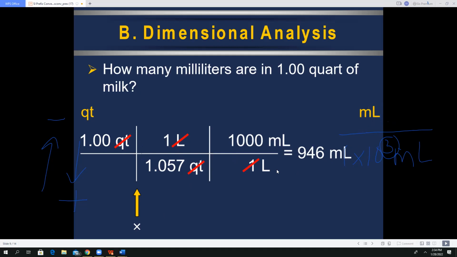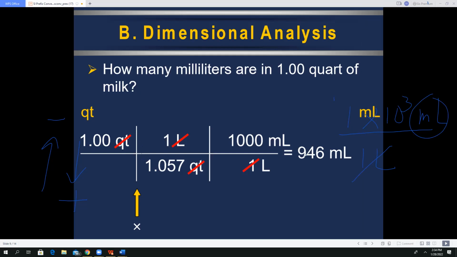So basically what we would do, since we need the liters on the bottom, is flip it. And we would just say 1 liter is equal to 1 times 10 to the third milliliters, because we needed milliliters on top. And see, that would still cancel and give you milliliters, like we said it should. That's one.